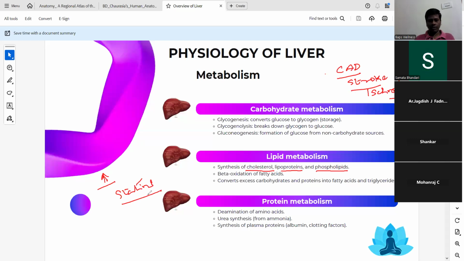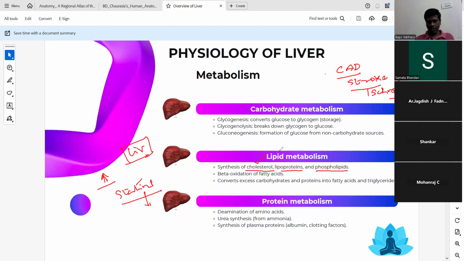So what they do, they lower the cholesterol level and make the blood thinner so that it can pass through the narrow passages in the capillaries. But we are not looking into the liver, which is actually controlling the lipid metabolism, the cholesterol and other things.